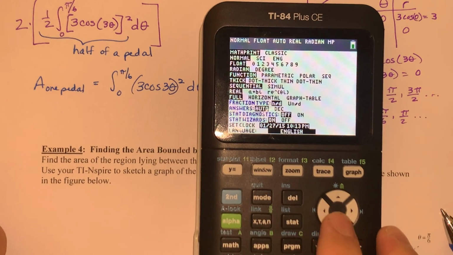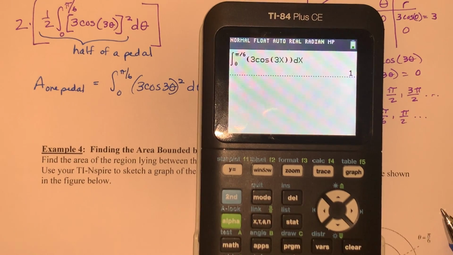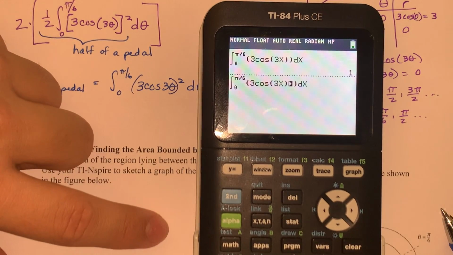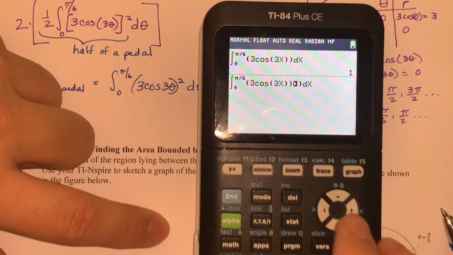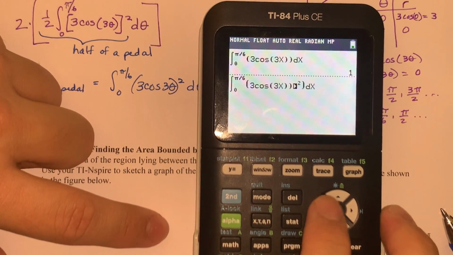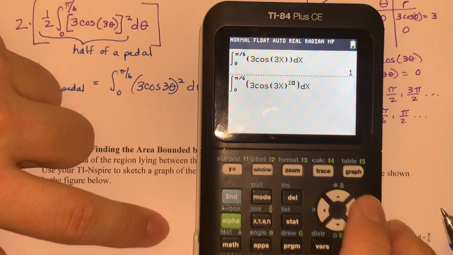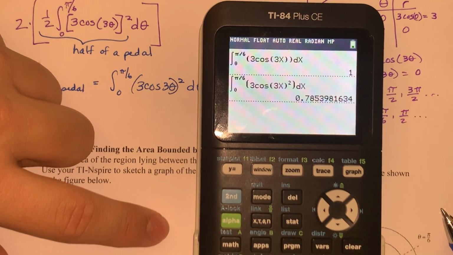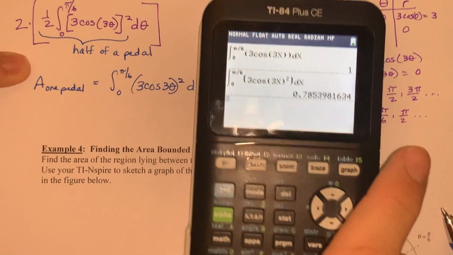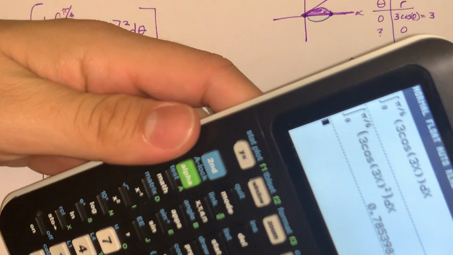Am I in the right mode? Oh, I forgot to square it. Insert parentheses, square. Did I put an extra parentheses that I didn't need? That's not it either. What the heck?